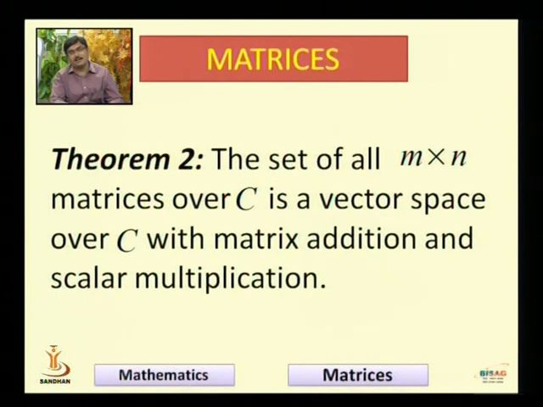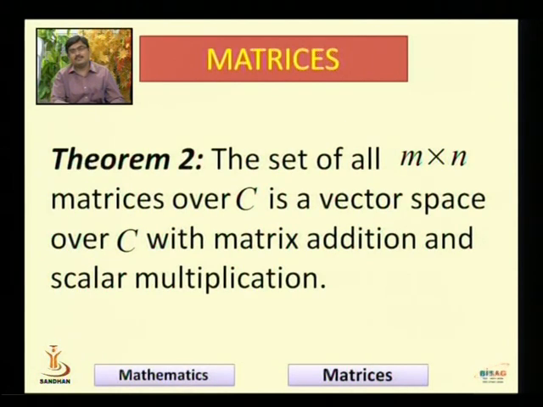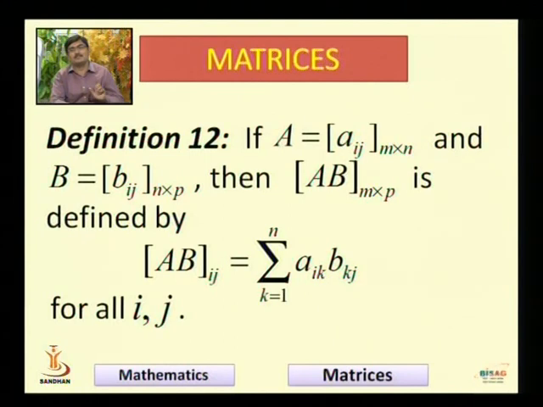Then Theorem 1, of which we have given the proof of only one property, but the others you can prove, says that this is a vector space. So, after introducing matrices, the addition of two matrices, and scalar multiplication of matrices, we have at least in our hands a new vector space.